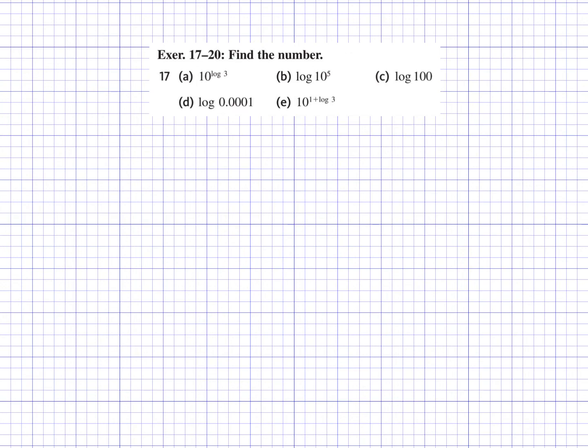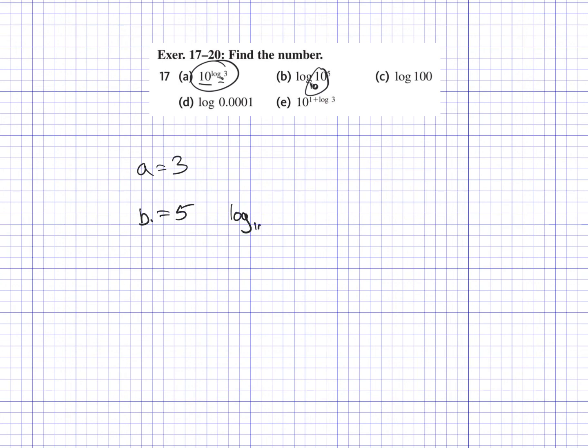All right, find the number. Now the opposite. Let's just try to understand something. The shortcuts. If the base of the exponential and the base of the logarithm are the same, then the answer is the exponent. We explained this in the last couple problems. Again, if the base of your logarithm matches the base of what you're taking the logarithm of, then the answer is the exponent. Again, let's just explain it to help you out here.